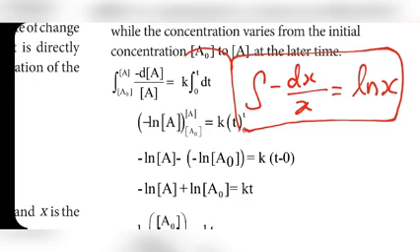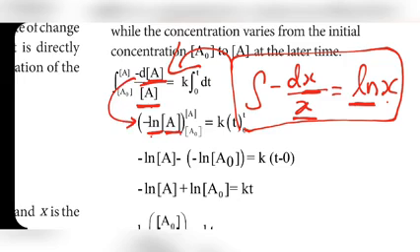into this equation. Here, instead of x, the concentration of A is there. So in the formula, instead of x you have to put the concentration of A, ln concentration of A, and the same minus sign is given here.